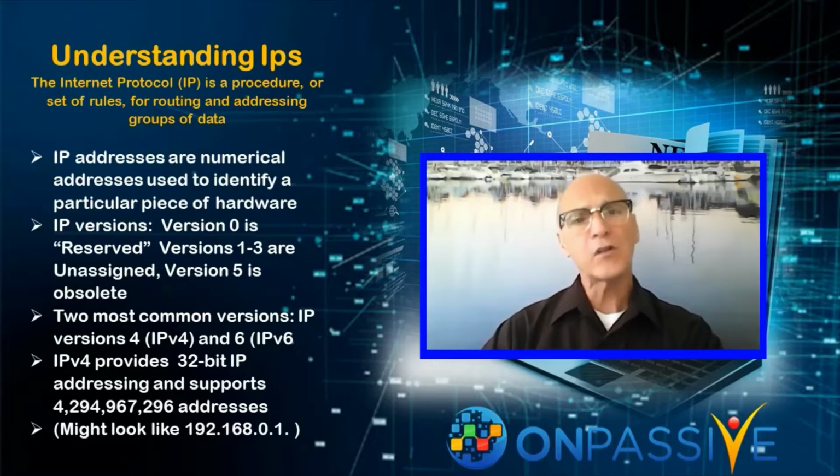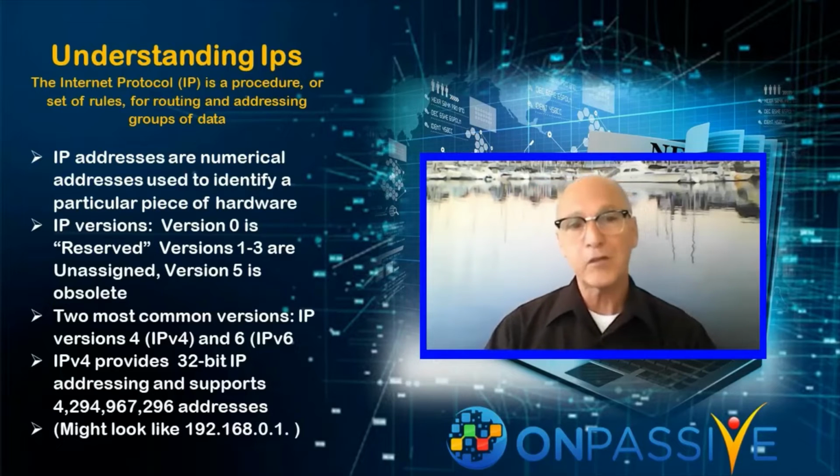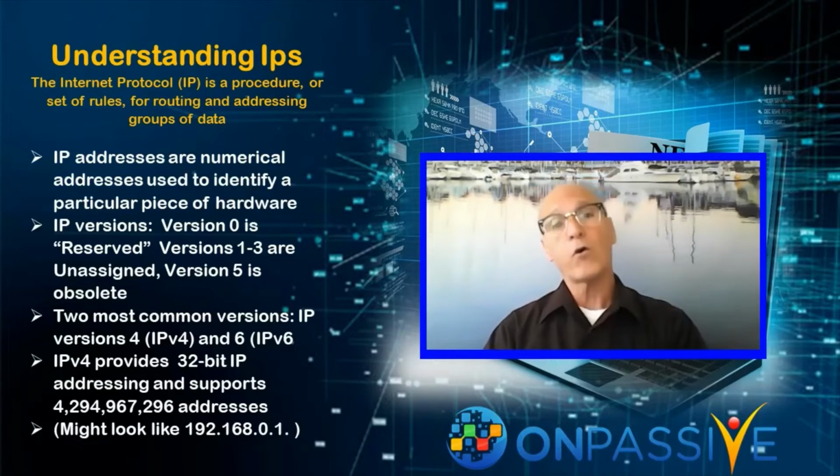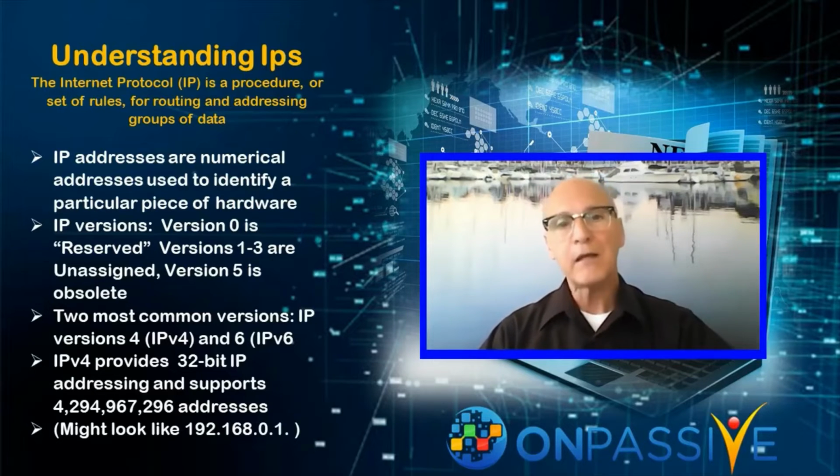At this point, we should also point out that the definition of a bit, B-I-T, is a digit in the binary numeral system, and it is a basic unit for storing information.